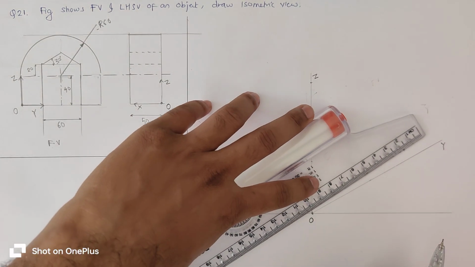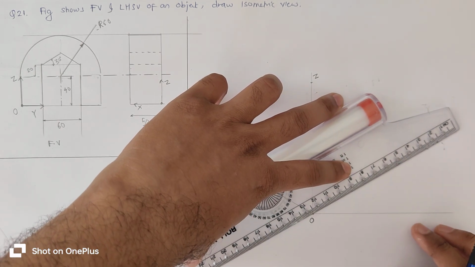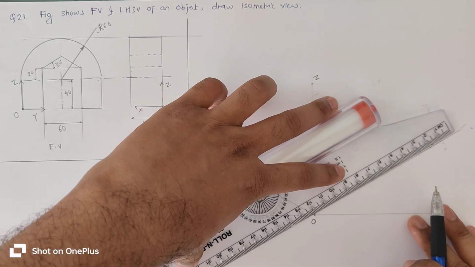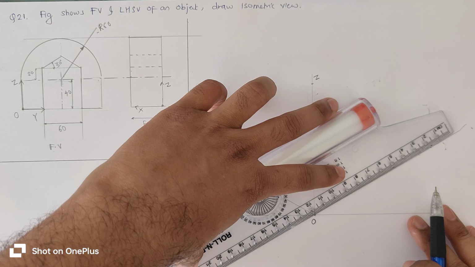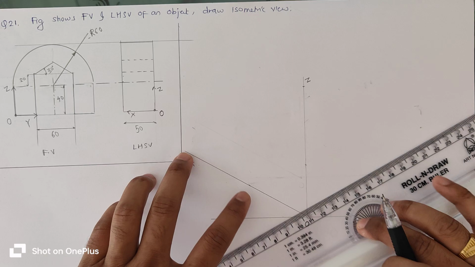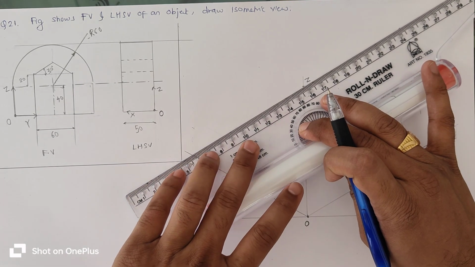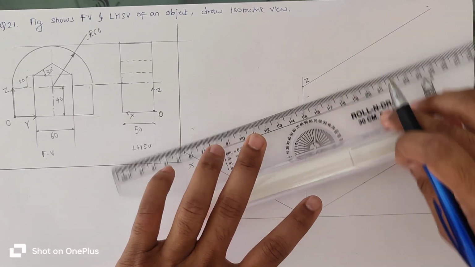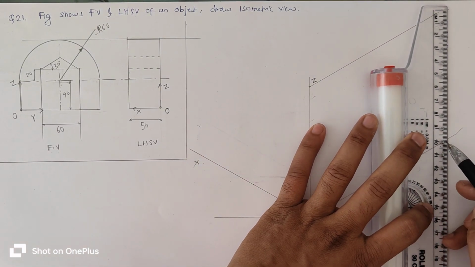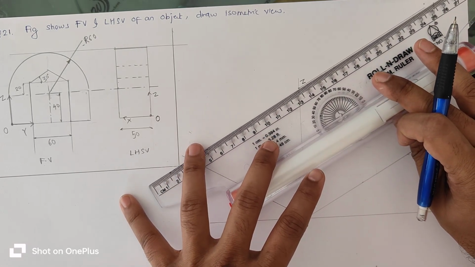Then along Y axis we will mark 12 centimeter. Then draw parallel line to Y axis from this point and draw parallel line to Z axis from this point. So this plane is our plane for front view.